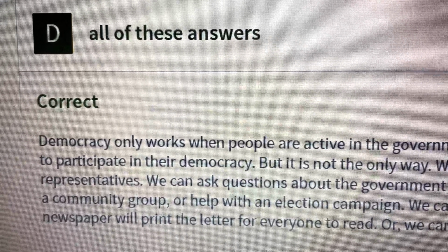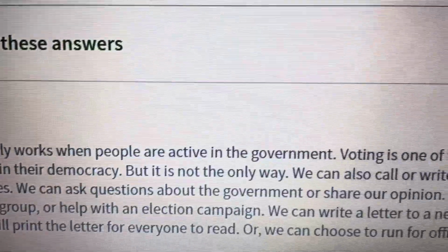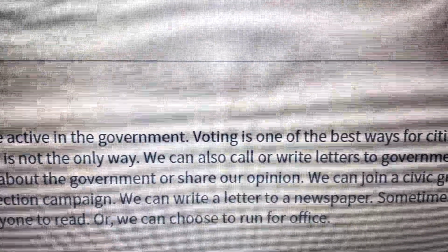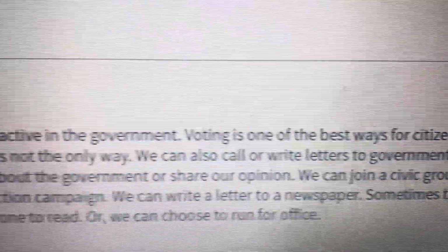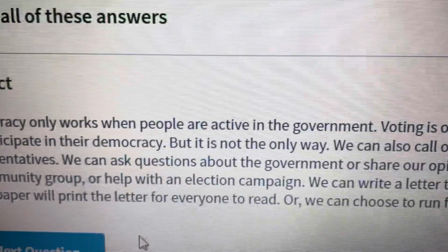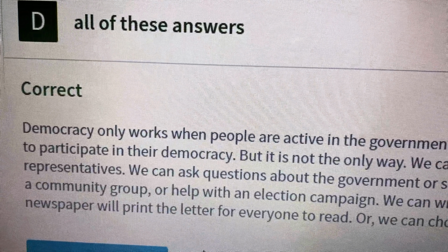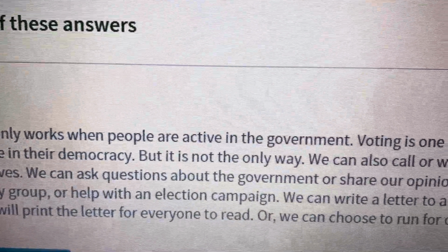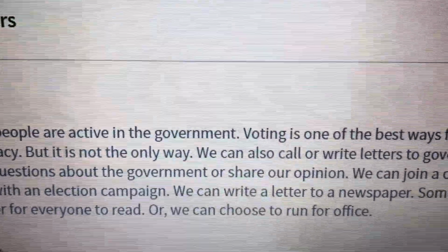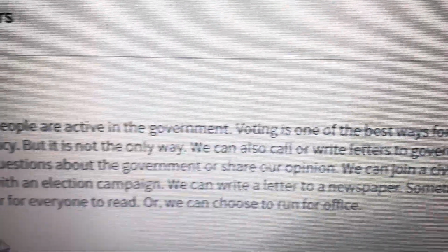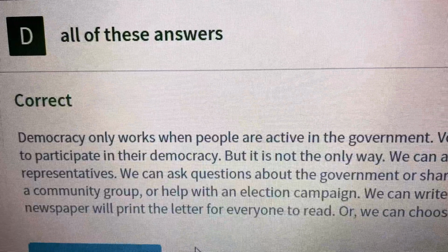Democracy only works when people are active in the government. Voting is one of the best ways for citizens to participate in their democracy, but it is not the only way. We can also call or write letters to the government representatives.